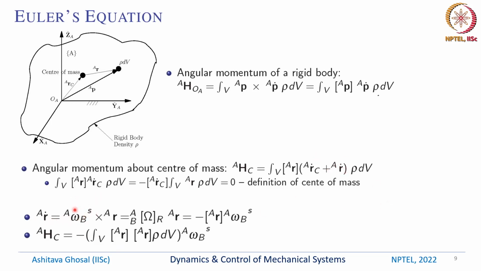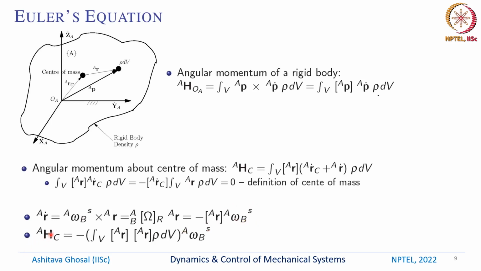This AR dot is nothing but omega cross R. Of course, we have to be very careful when we are taking cross products, and also about which omega we are interested in. In this case, we are interested in the space fixed omega, which is R dot R transpose. So AR dot is nothing but omega cross R, where, remember, the space fixed angular velocity vector can be written in terms of a skew symmetric matrix A omega BS, into R. So again, instead of writing omega cross R, we can write minus R cross omega, because if you change the order of the cross product, we have to put a minus sign.